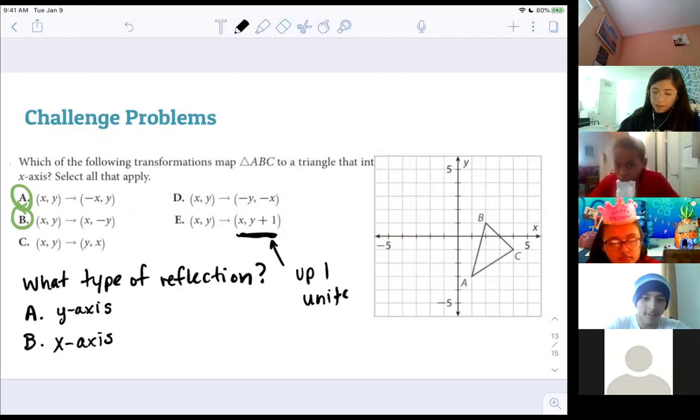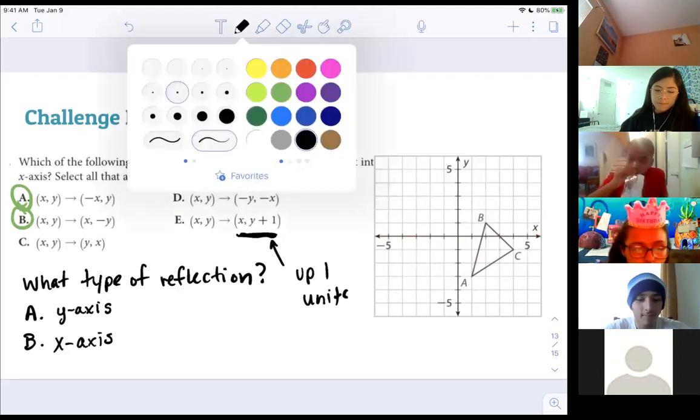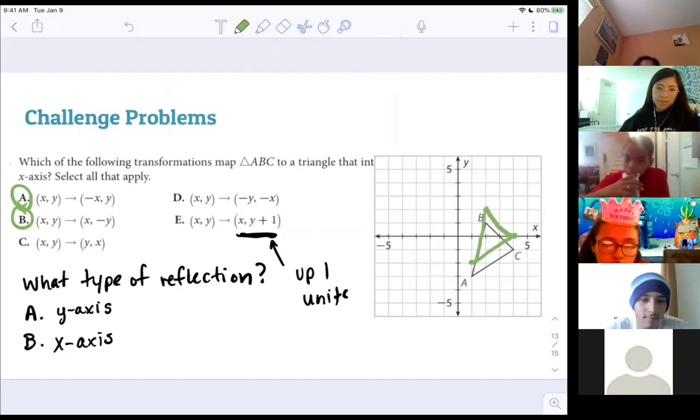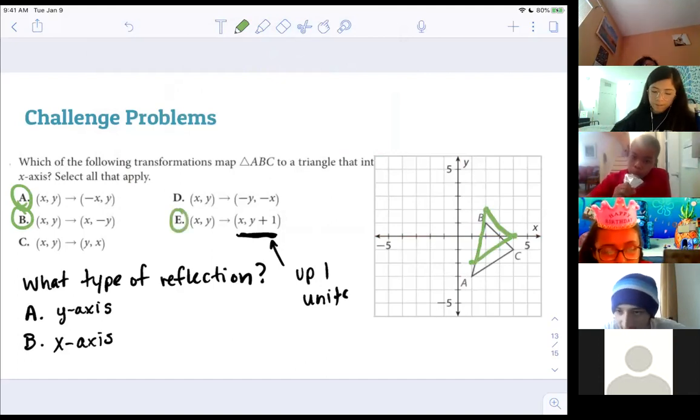If I move that triangle up 1 unit, will it still touch the x-axis? I think it will. Let's see. B, so you're going up. A, C. Yes. There you go.